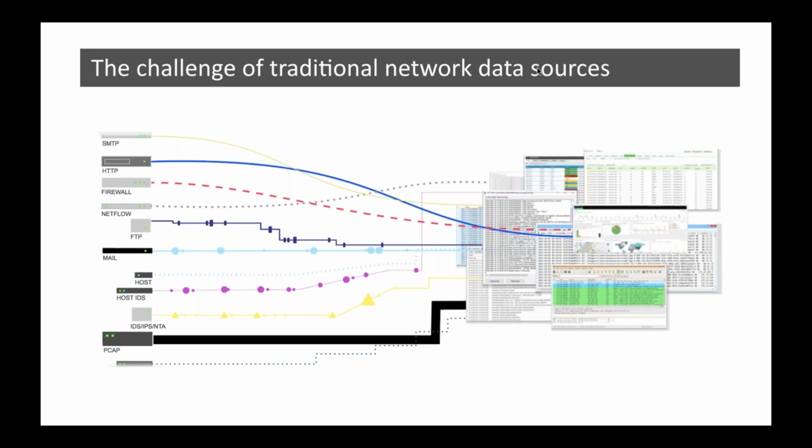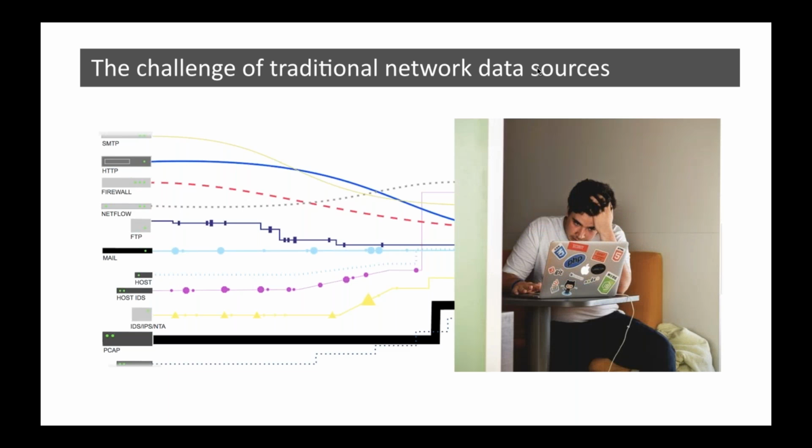But the challenge here, and if you click next build, the challenge here is that most of these data sources weren't designed for security use cases. In many cases, they were designed for IT use cases, right? Troubleshooting, performance optimization, debugging, tuning these physical appliances that are in your environment that are delivering network services.